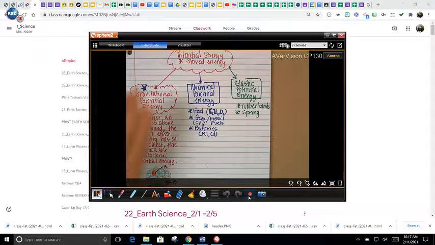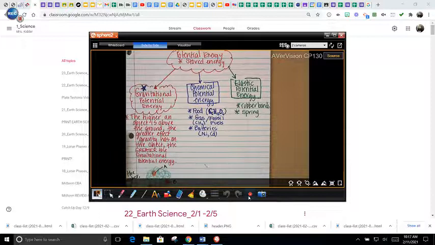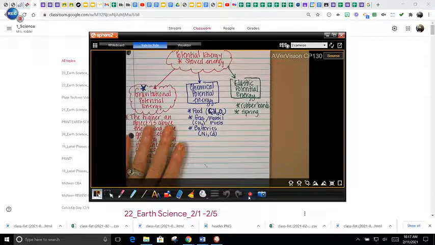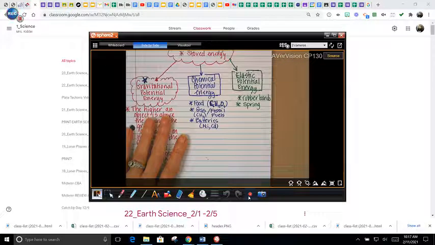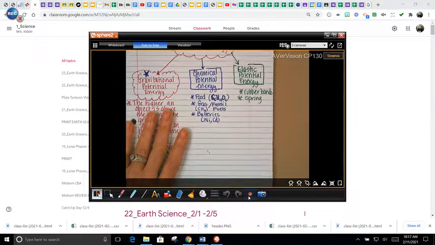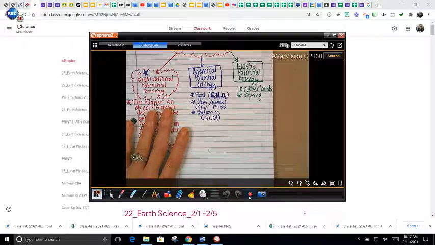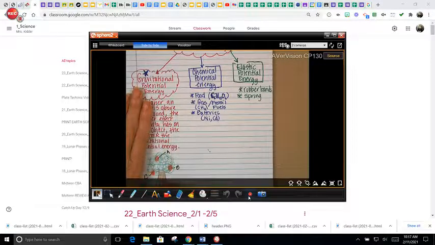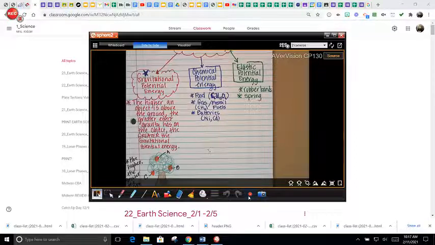So, potential energy is stored energy. The one we are mainly concerned with is gravitational potential energy. How high above ground is something sitting still or not moving yet? The higher it's off the ground, the higher its gravitational potential energy. There are other forms of stored energy like chemical and elastic, but our main focus will most likely be on gravitational potential energy.